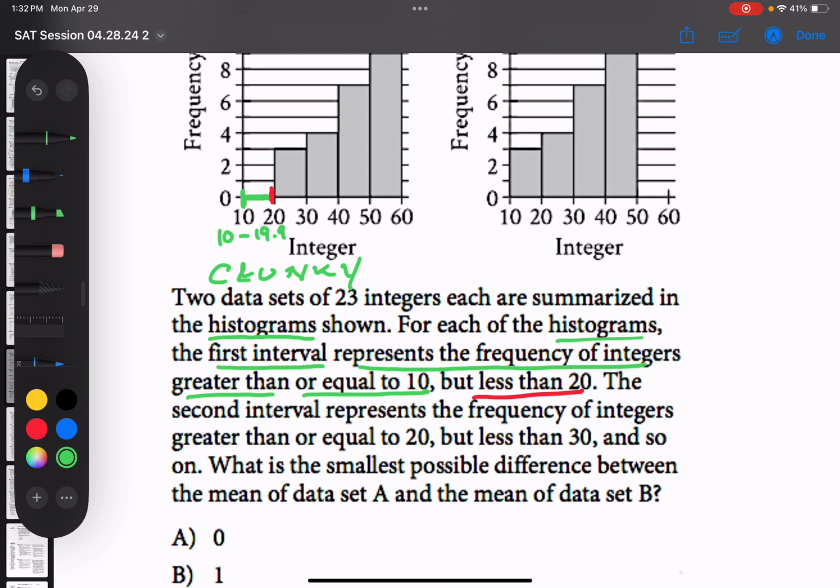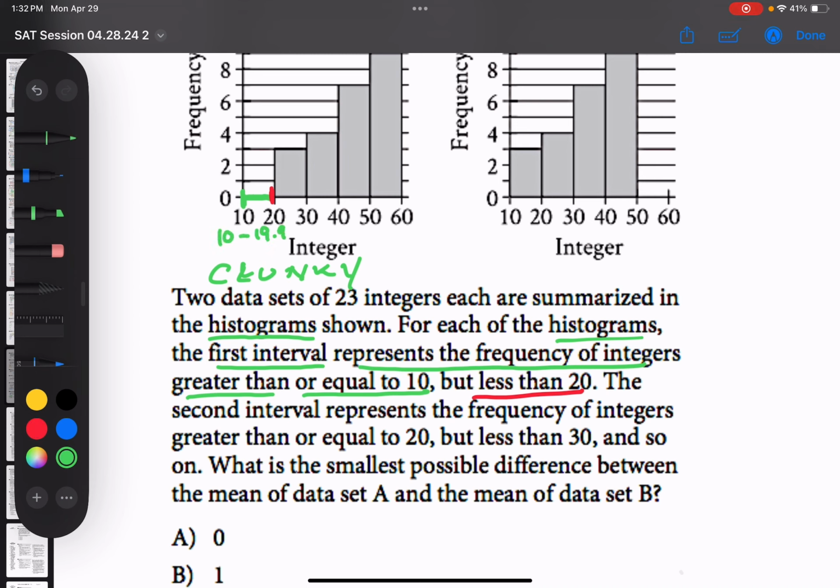Got it? Now the new interval from here to here will represent 20 to 29.9, not all the way to 30. It looks like it goes all the way to 30. No, the other interval would begin with 30 and then end with 39.9. Get it? So when you have these types of questions, skip it for now and then go to the next question.